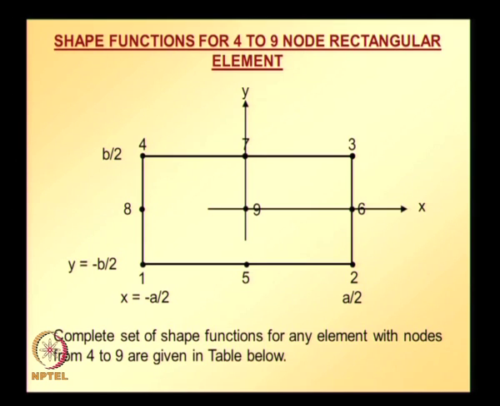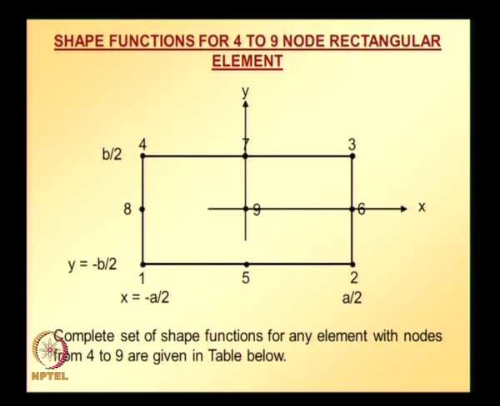the table below, and before we read the table to get the shape function expressions for any noded element starting from 4 node to 9 node, certain functions are defined in terms of coordinates of this element.